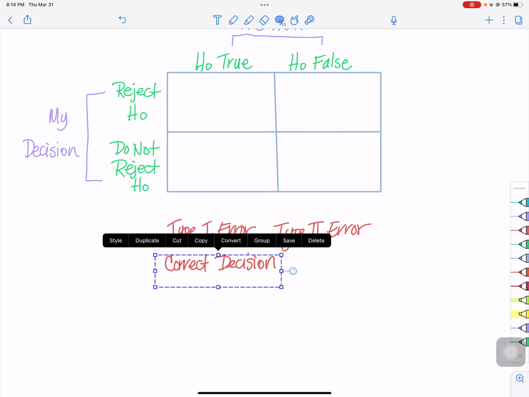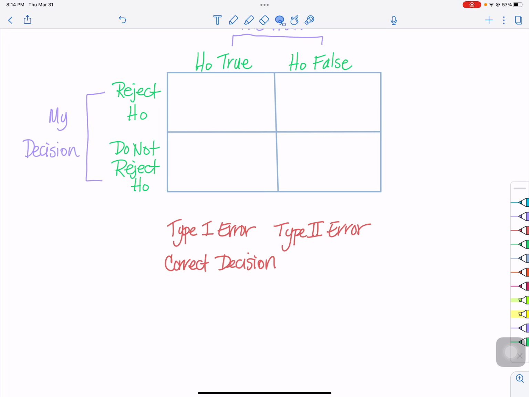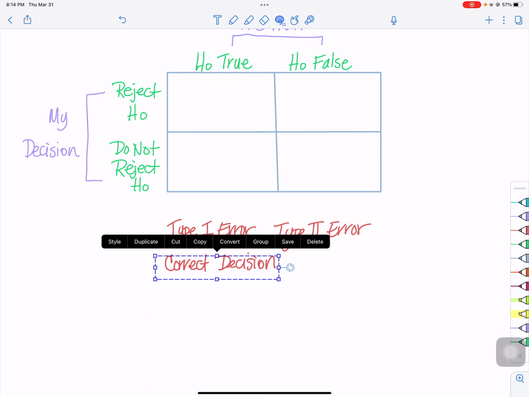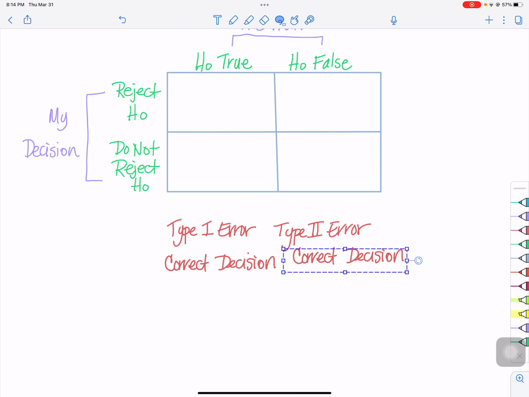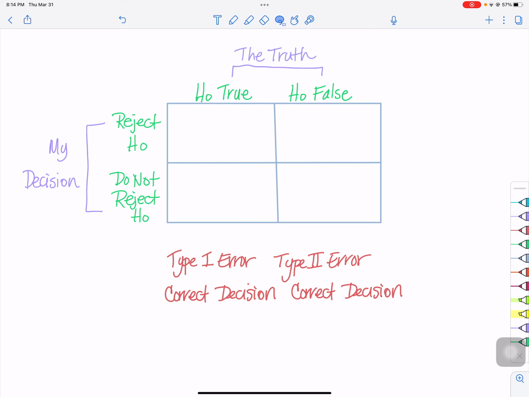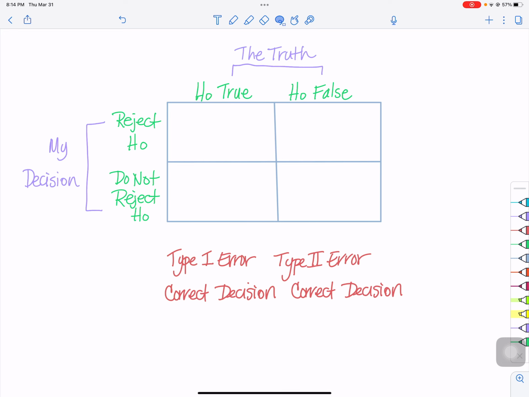And we actually are going to have 2 correct decisions.